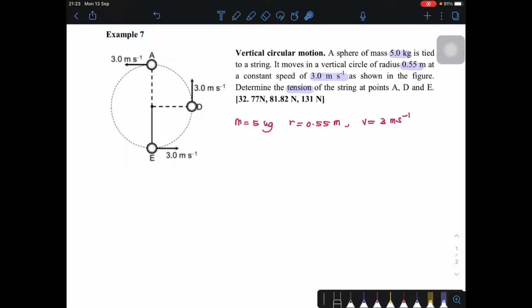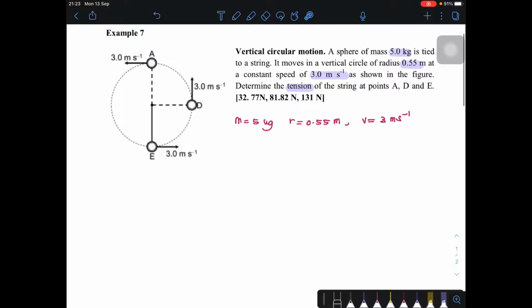Okay, so how can we find the tension? Okay, remember tension here is a force. Okay, tension is a type of force. Bermaksud kita akan keluarkan formula untuk force. Okay, so force dekat sini, it's either on the x-axis ataupun y-axis depending on the point here.